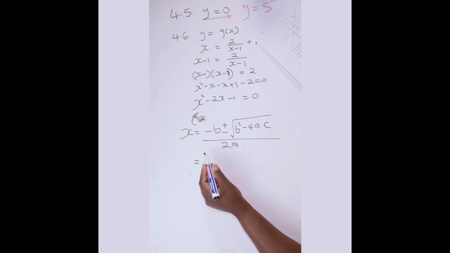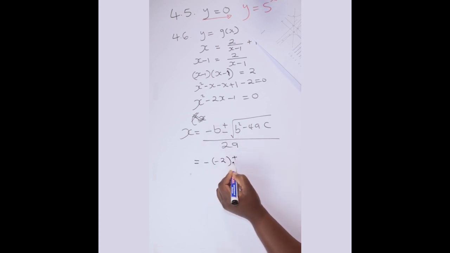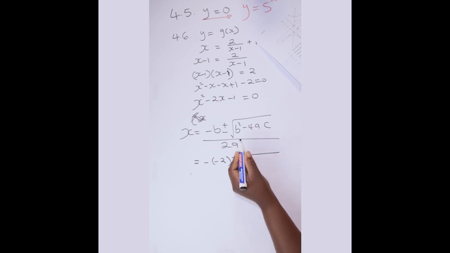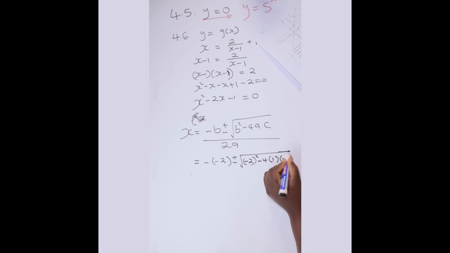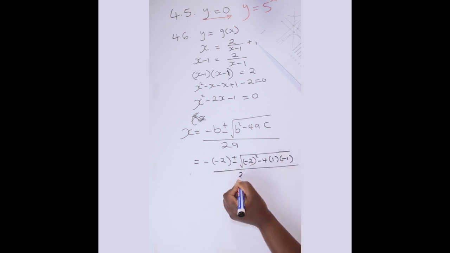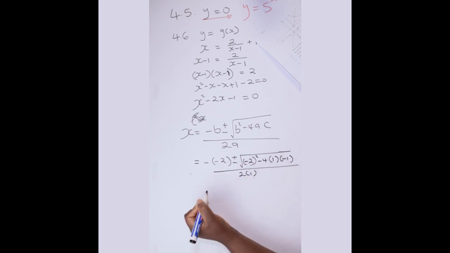So we're going to have a minus, which represents this one, minus 2 plus or minus the square root of, we said b is minus 2, so it's going to be minus 2 squared minus 4, a is 1, and then c is minus 1. Then we divide it by 2 times 1, which is a.